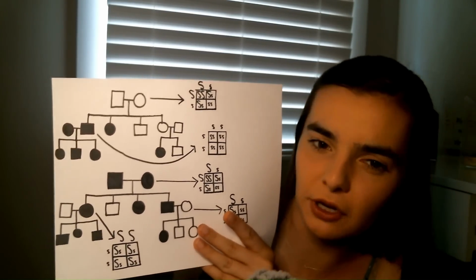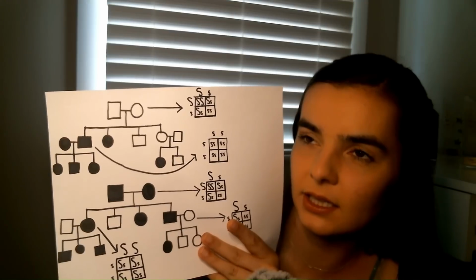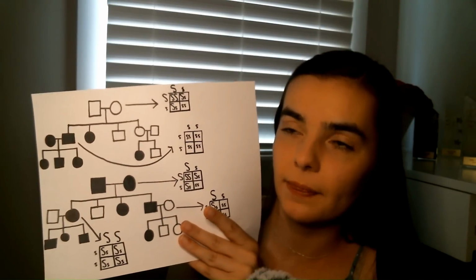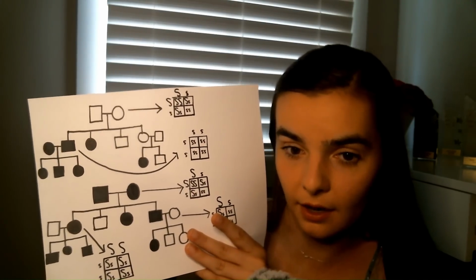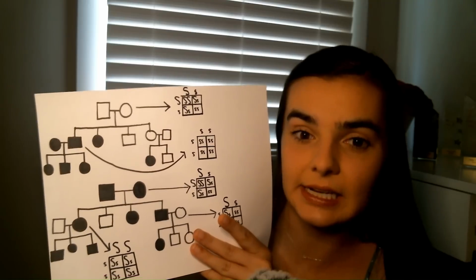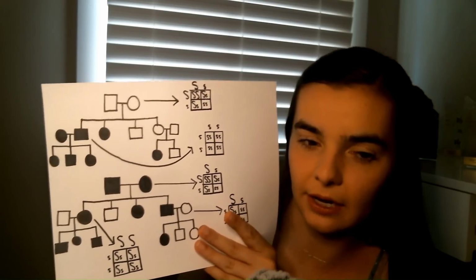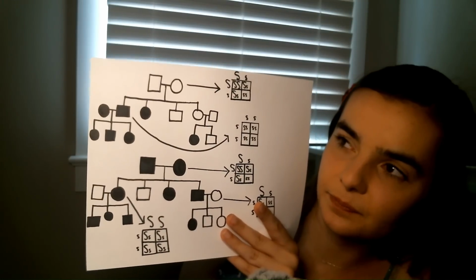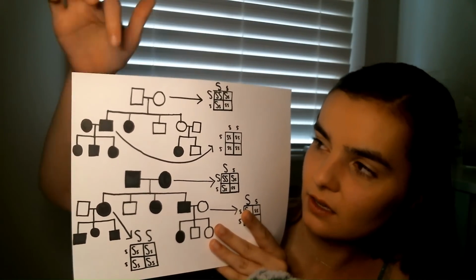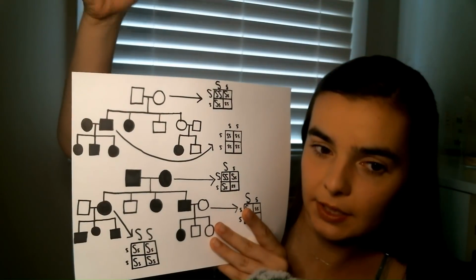I should have drawn another example where a person married someone that was not a carrier, in which case none of their kids would have it. All of them would be carriers. But yeah, that's how a recessive trait shows in a pedigree.